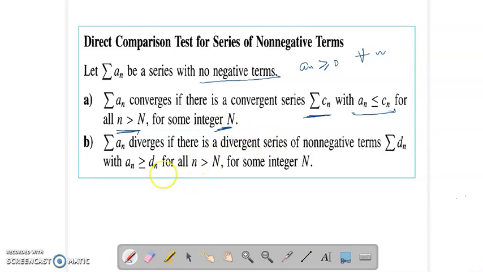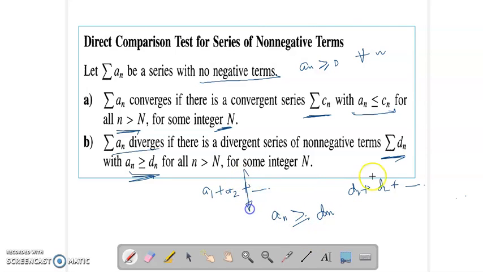Here it says that this series summation an diverges if there is a divergent series of non-negative terms summation dn with an greater than or equal to dn for all n greater than N. So here also we have this series a1 plus a2 plus and so on, and here we have this series d1 plus d2 plus d3 and so on. And we know that an is greater than or equal to dn after a stage, suppose after this one.